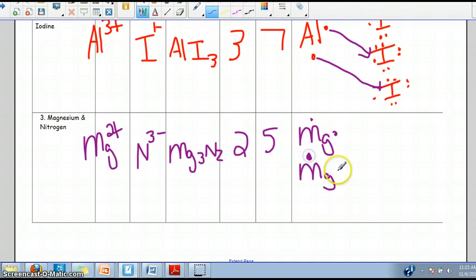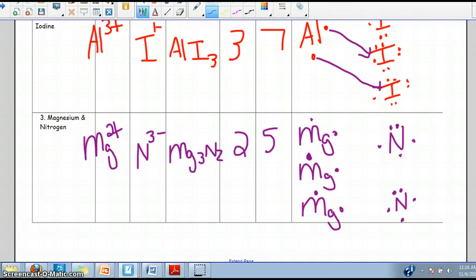Oops, that kind of looked like a pigtail or something. All right, and our last one. There we go. All right, and then we're going to draw 2 nitrogens. Okay, and they're each going to have 5. So 1, 2, 3, 4, 5. And 1, 2, 3, 4, 5.